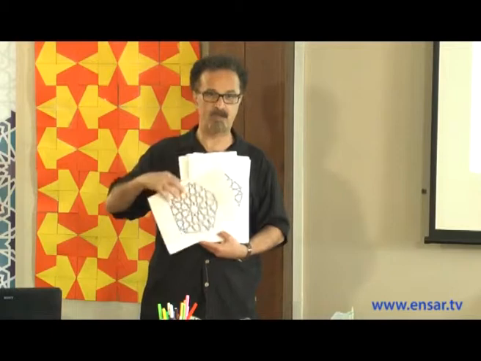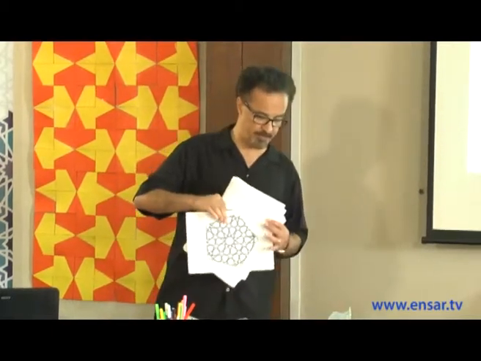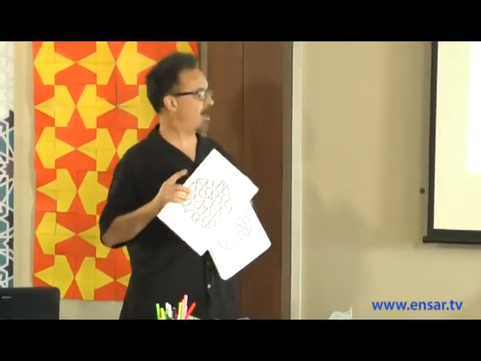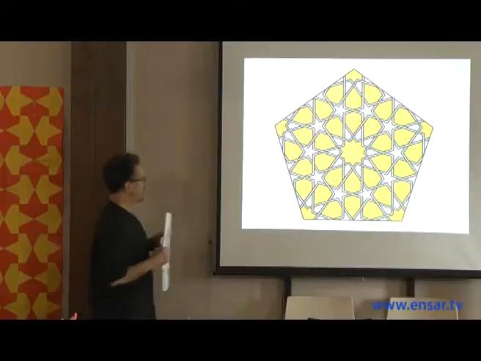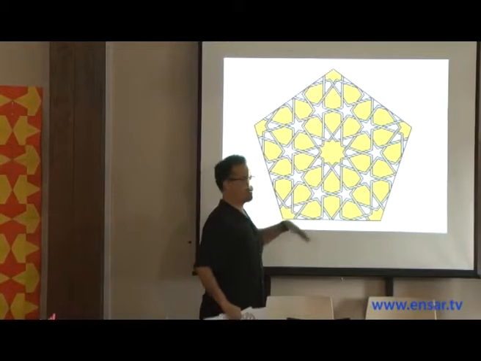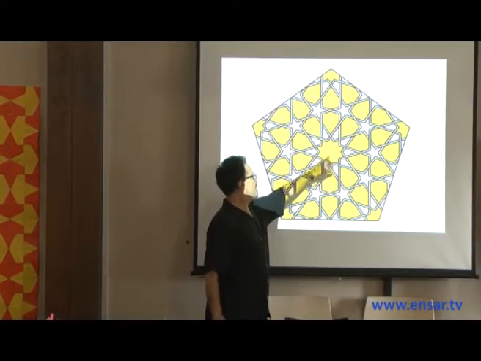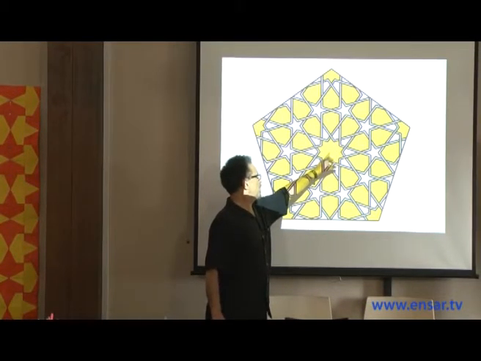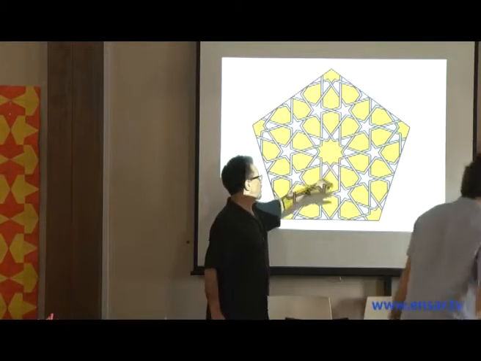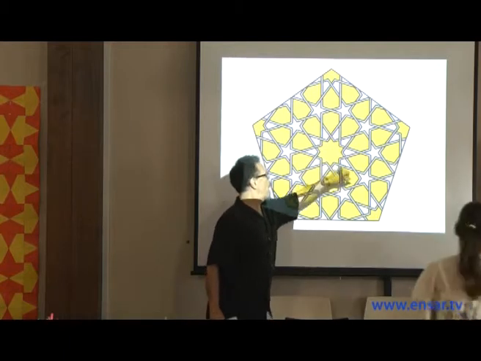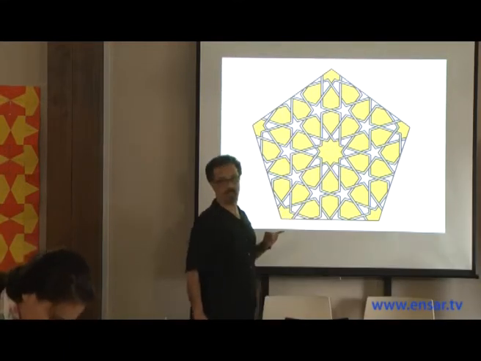I'll show you the image of, for example, the next one. You see like here? For example, you can paint it like that. This main one yellow, then you should paint this one yellow, yellow, and you leave this one white and star white and so on. Do you follow me? Yeah.